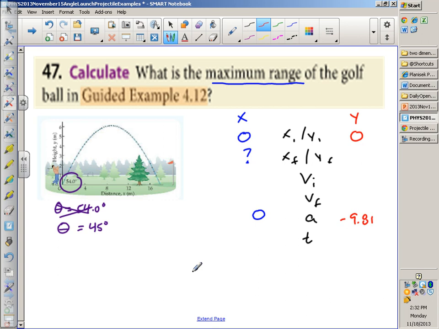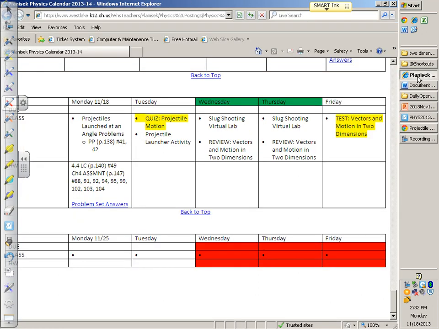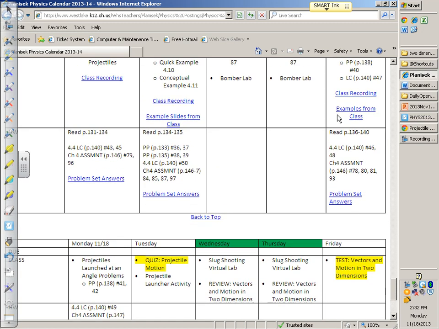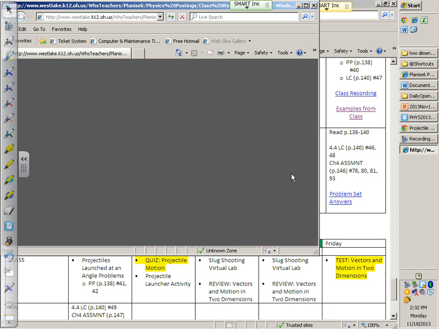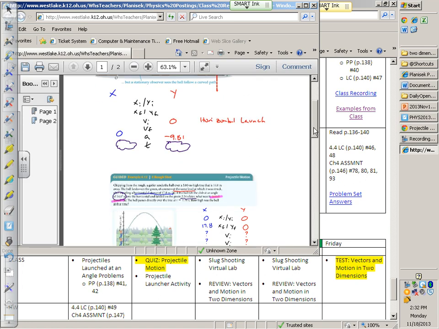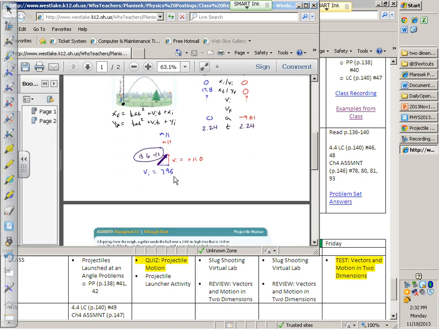Good there? And then, using some information from Friday, I apologize, I should have had this up already, but on Friday, we calculated that that golf ball was originally hit at 13.6 meters per second. Remember, we figured out the initial horizontal velocity, the initial vertical velocity, then we used the Pythagorean theorem to find the actual initial velocity. Does that sound familiar from what we did Friday? Okay.